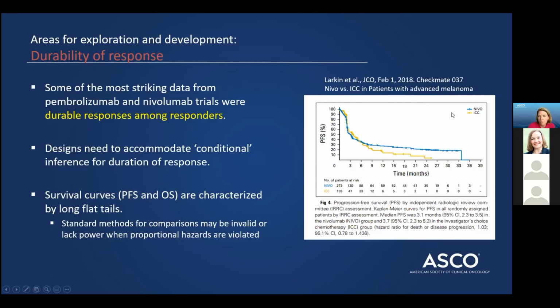And so when you design a study based on that, and then you see results that look like this, you really have essentially violated all the assumptions that went into your power calculation and your predefined analysis plan. So there's a need for methods that can better capture this difference, that address the durable responses among responders, and then also address how to quantify overall the treatment benefit.